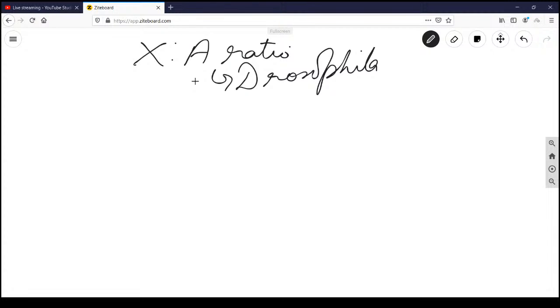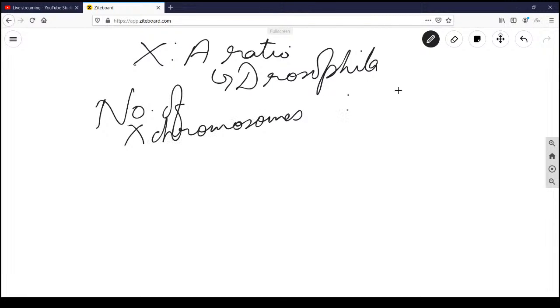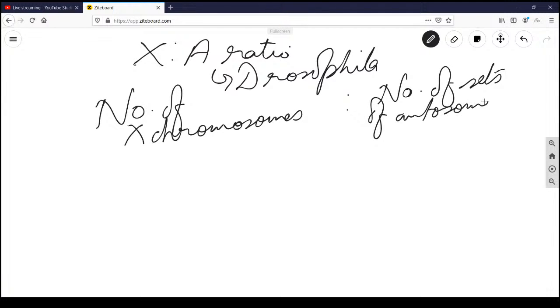So what will happen is, the number of X chromosomes to the number of sets of autosomes. That is clear in Drosophila.